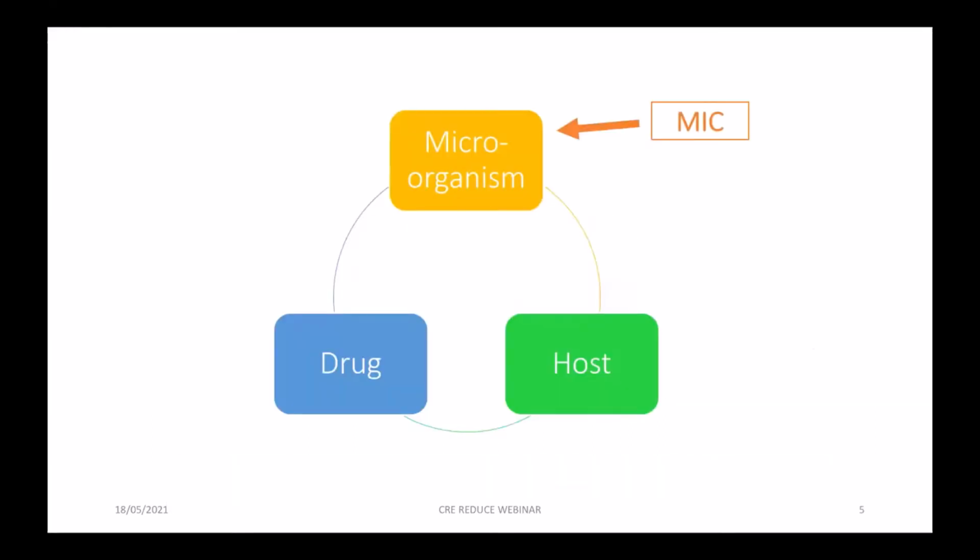As I mentioned, MIC and susceptibility testing is one component to adjust drug dosing for infections, but these infections, of course, occur in a body from a host with an immune system.